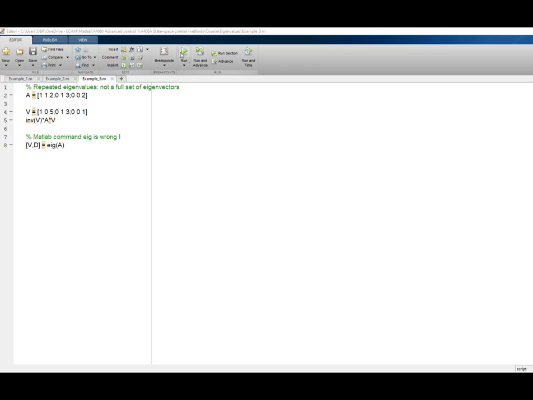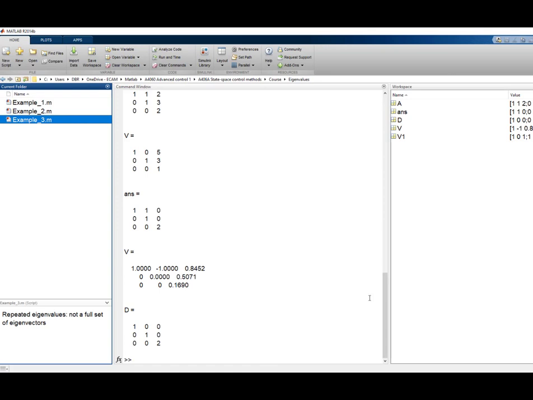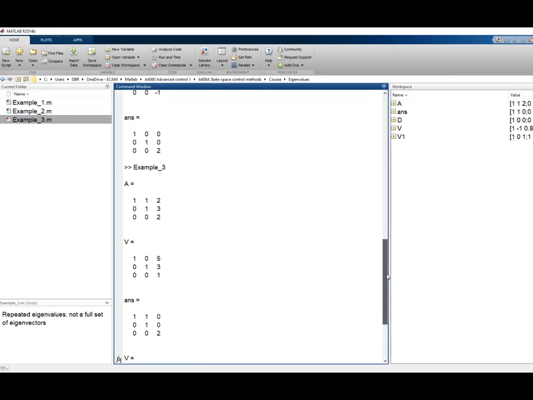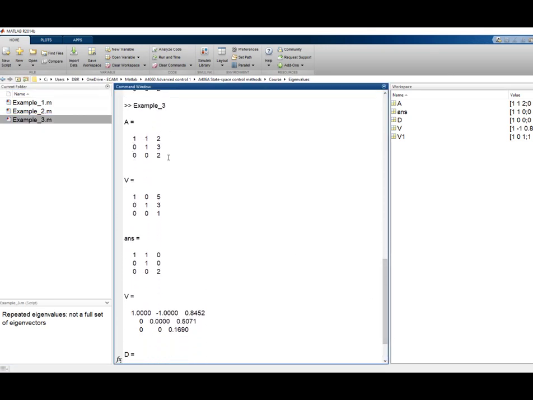So let's run this code, and this is what you obtain. This is the matrix, this is the matrix V, the similarity transformation that will bring A into the Jordan form, and you can see here indeed that you have the correct form, and this is a Jordan block.